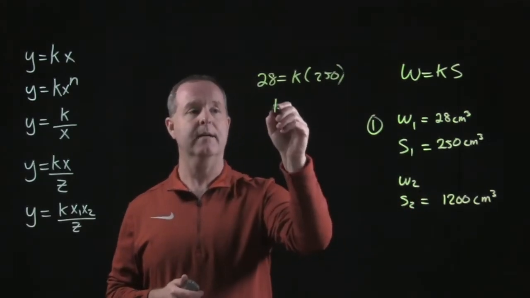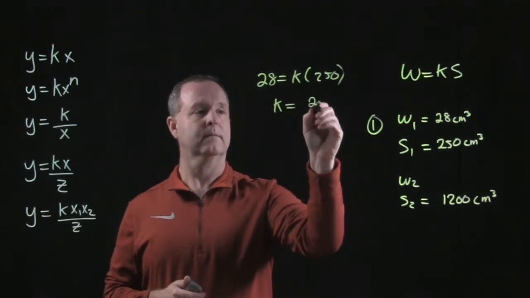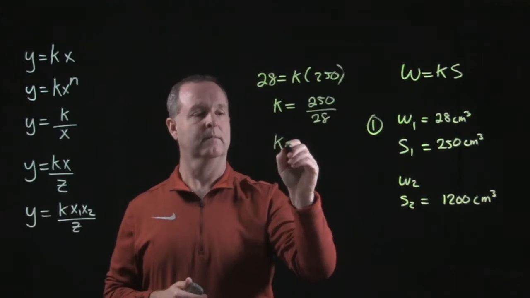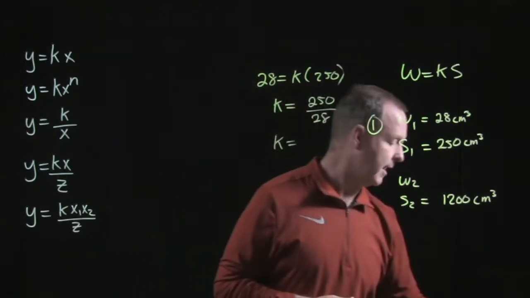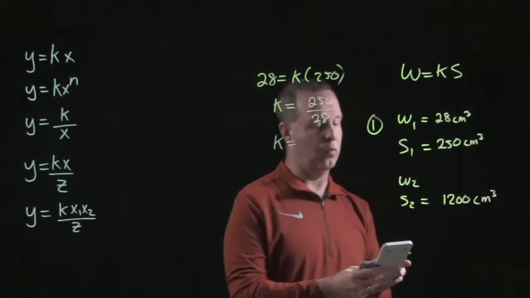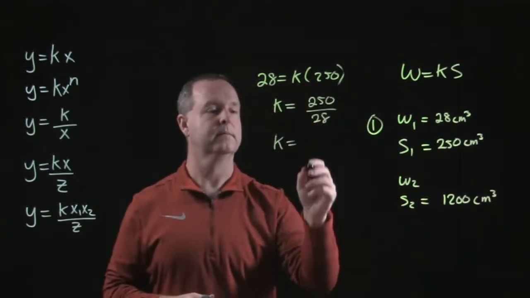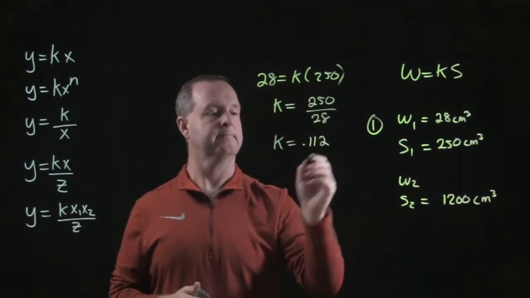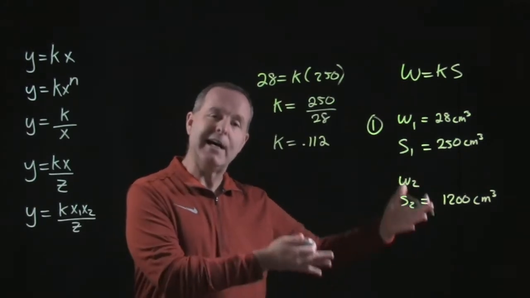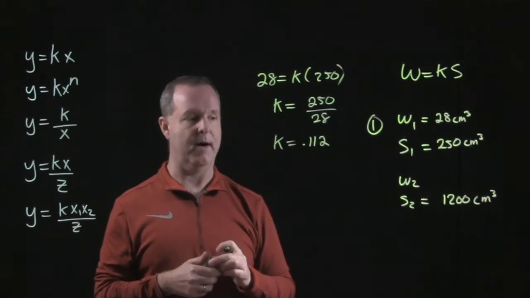Solving this for k, I get a constant of proportionality of 0.112. Now I can use that constant of proportionality to look at other situations that come up.